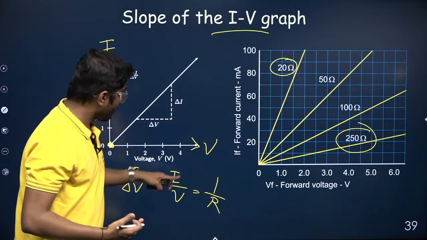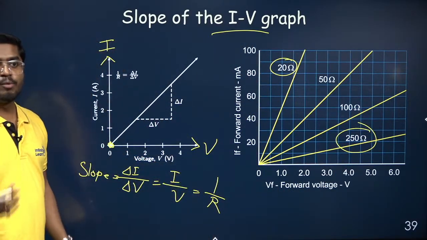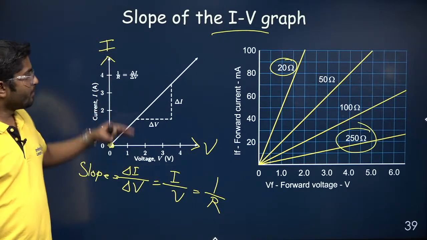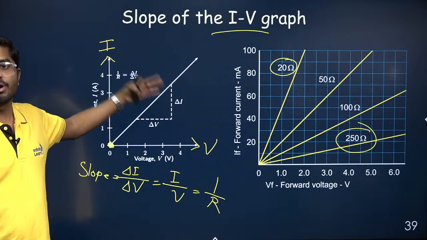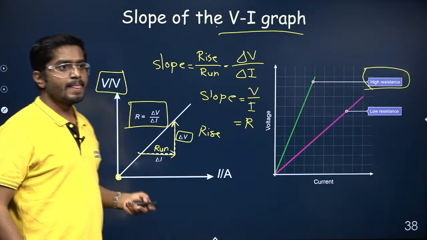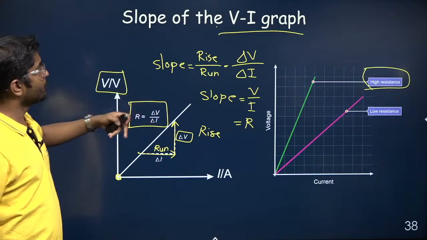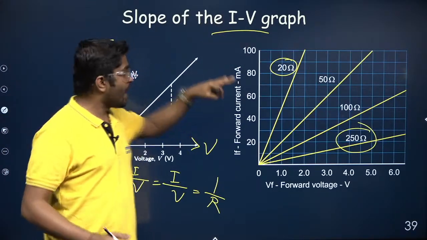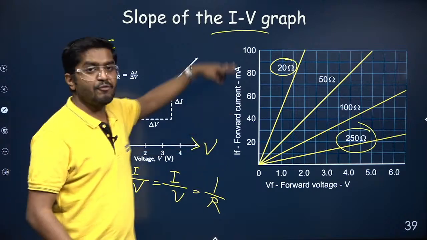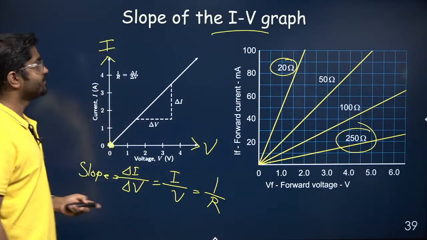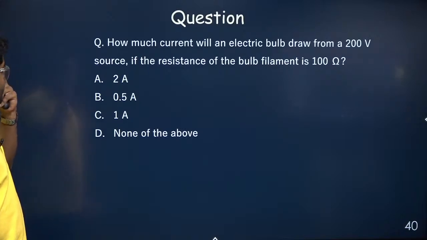That is the meaning of 1 by R. Slope is the inverse of the resistance value. So a lot of questions came from this graph in previous year exams. So that's why these are very important graphs, both of them, V versus I or I versus V. You have to be very careful what is on the y-axis and what is on the x-axis. Okay.